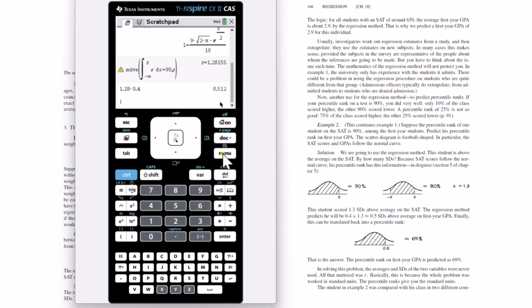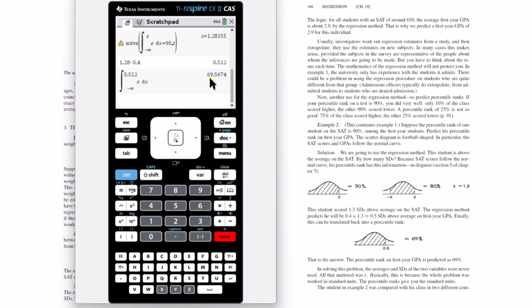So what we want to do is translate this to a percentile. So you've got minus infinity to 0.512, and that's the area under the curve.